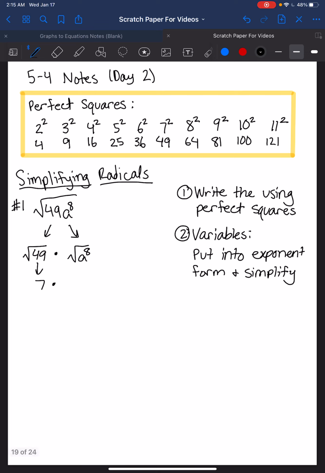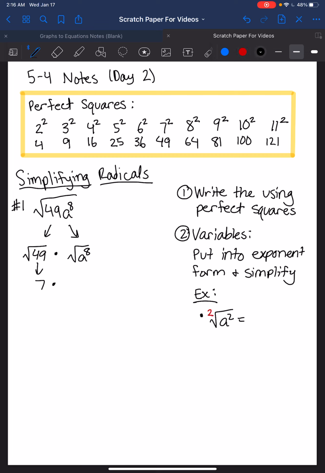So to demonstrate the point real quick, I'm going to do 2 quick examples just to show you where we're going with this. So if I had the square root of a squared, remember, the square root has this implied 2 in there.